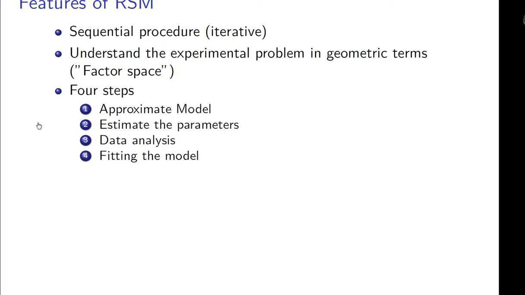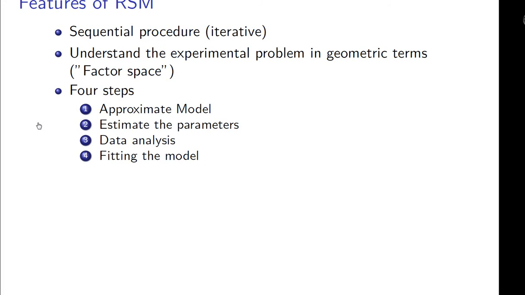You see the 4 steps in this view of response surface methods are first to approximate the model, often by a low-order polynomial. Typically, if you conduct an initial experiment, you might, with a fractional design, compute a first-order model just from the main effects, construct a model, estimate the parameters, and then analyze the complete set of data and fit a more complete model.